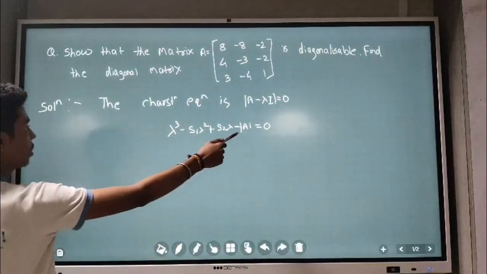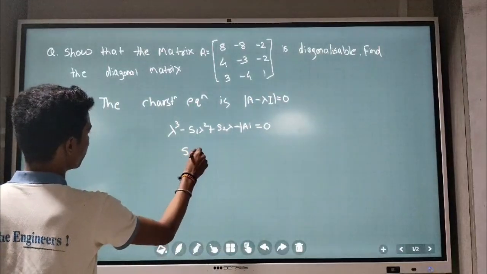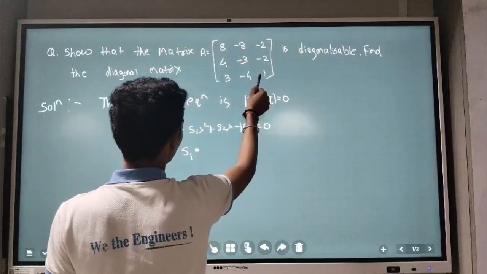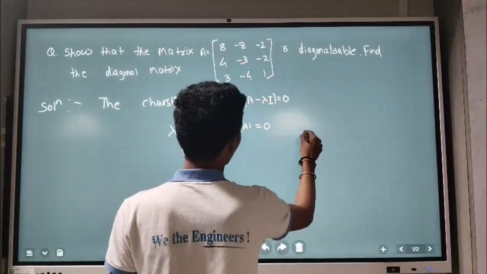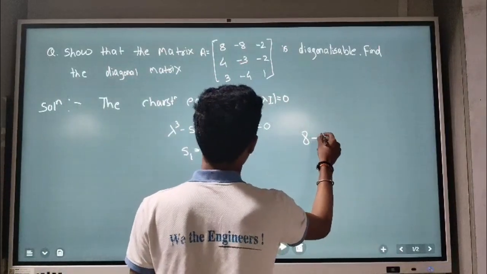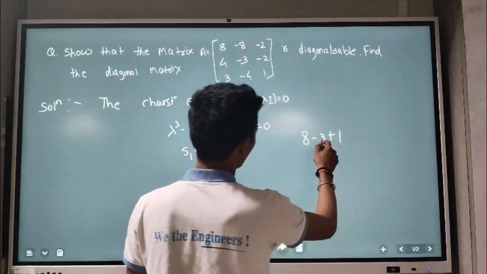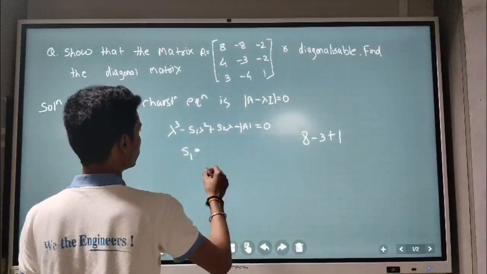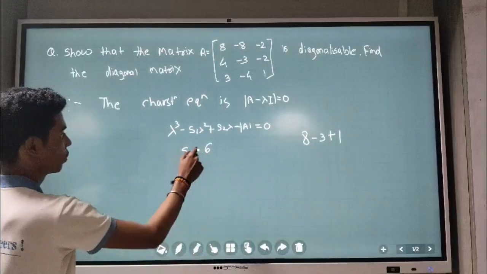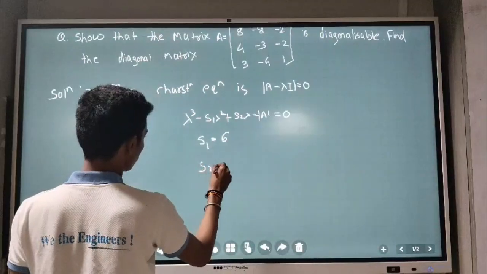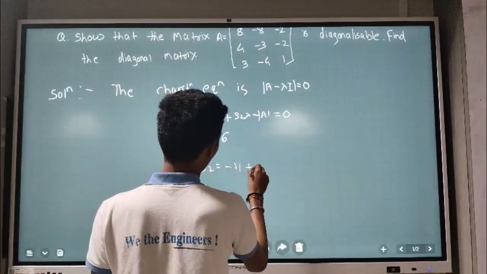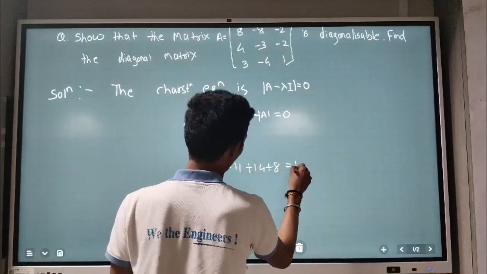First of all we see s1. The s1 we calculate from the sum of these three terms, like 8 minus 3 plus 1. So 8 minus 3 is 5 and plus 1 is 6. So we get s1 as 6, and for s2 we get minus 11 plus 14 minus 8 equal to 11.